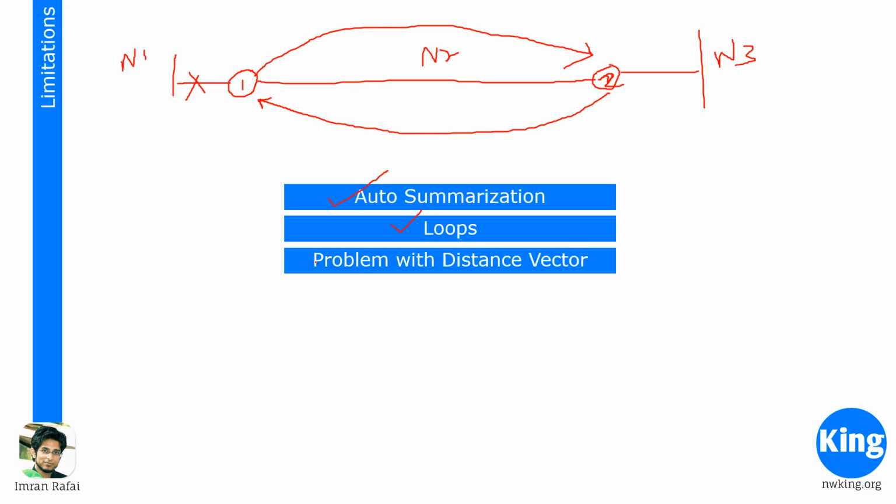And then there is an inherent problem with distance vector, because, like we discussed earlier, it looks only at the distance. It doesn't look at the link state. So that's why distance vector is not such a great routing protocol. The metric used is hop count.